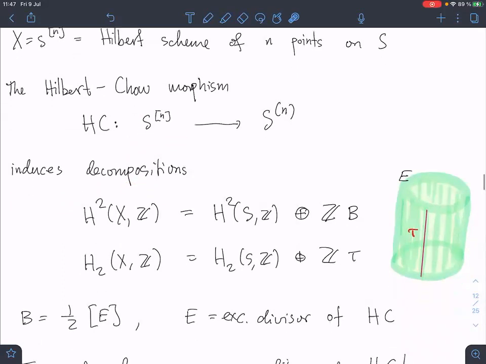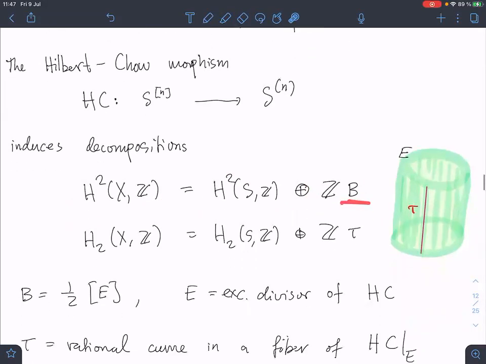So it decomposes as follows. Well, the H^2 is the H^2 of the surface plus some class B, and this class B is half of the exceptional divisor of this Hilbert-Chow morphism. And similarly, we have a description of the H_2.